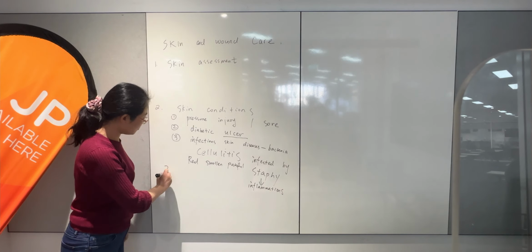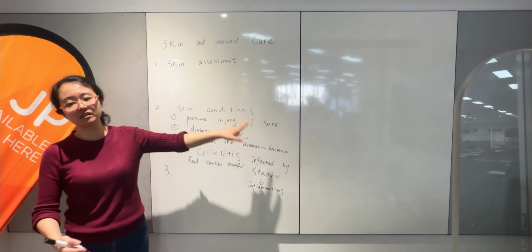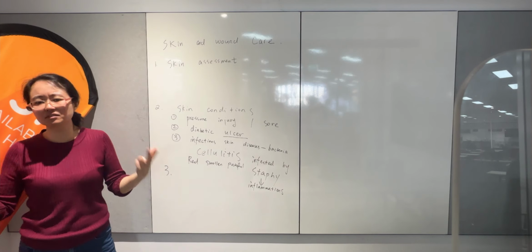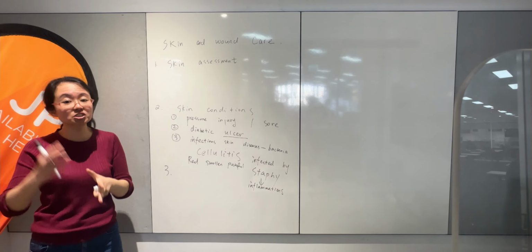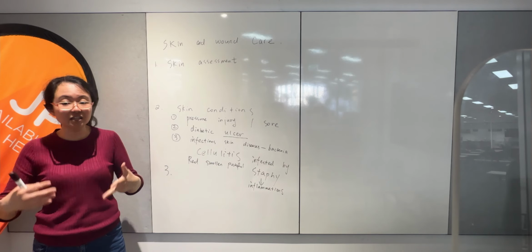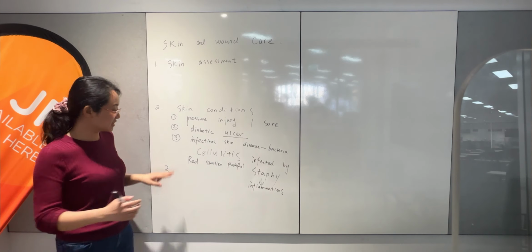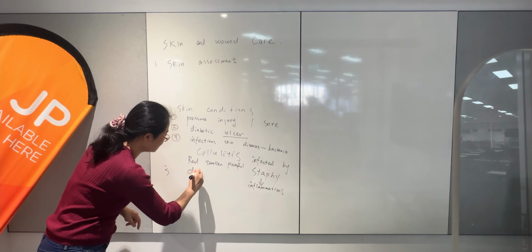So now we've briefly talked about some common skin conditions, and there are some other common conditions. For example, if the patient's skin is allergic to something, they could develop allergic reactions, for example dermatitis.